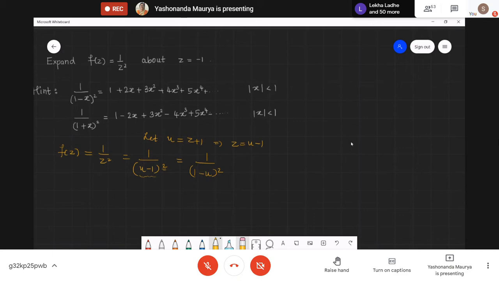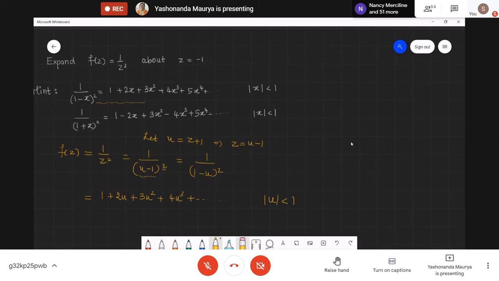Then I can simplify this using this formula here. This turns out to be 1 plus 2u plus 3u square plus 4u cube and so on, provided mod of u is less than 1.